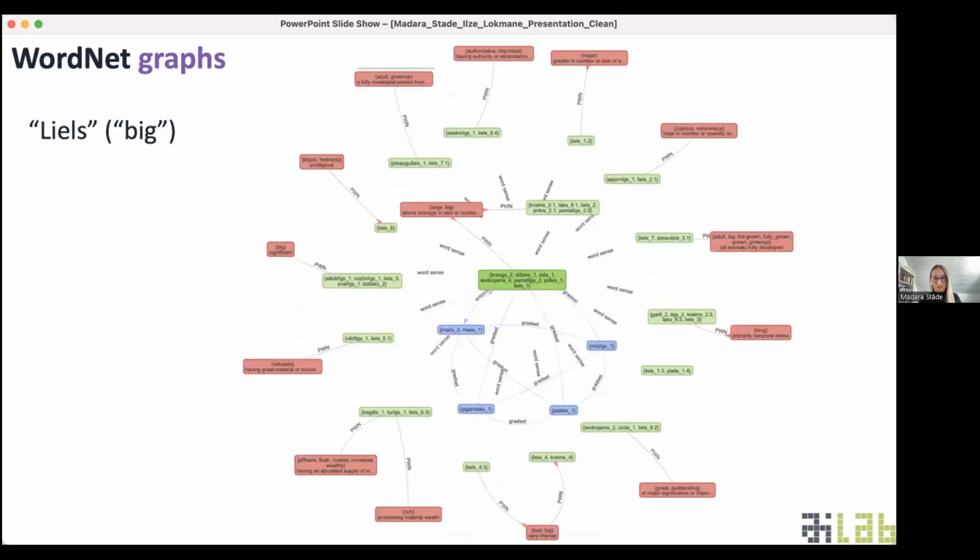Or here you can see a neat little example of a gradation set in the form of this purely accidental pentagram under the very center of the graph. And this is what the graphs look like. This is basically a schematic representation of what we've been working on.